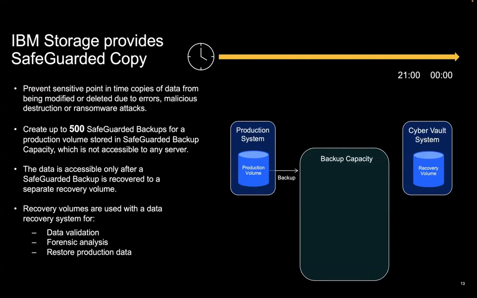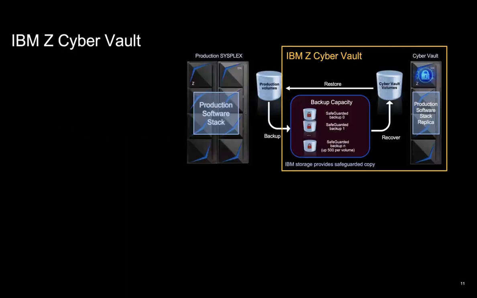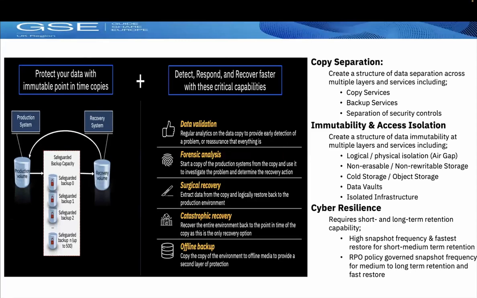And so this is the environment, right? You can have up to 500 safeguarded copies today. That's always being challenged to see if we can do more. And again, if you look at any one of those, going back to this picture or even a picture before, there's backup 0, 1, 2, and 3.